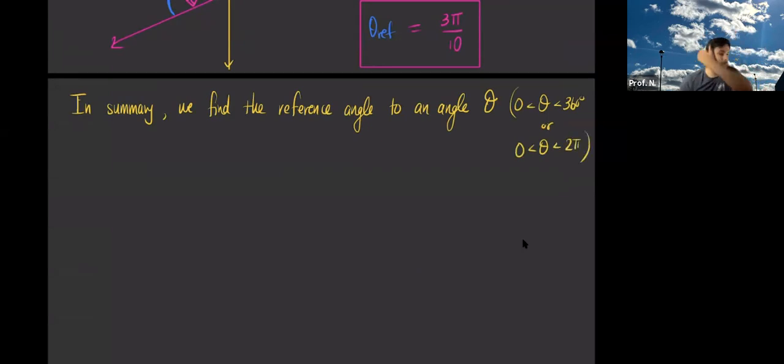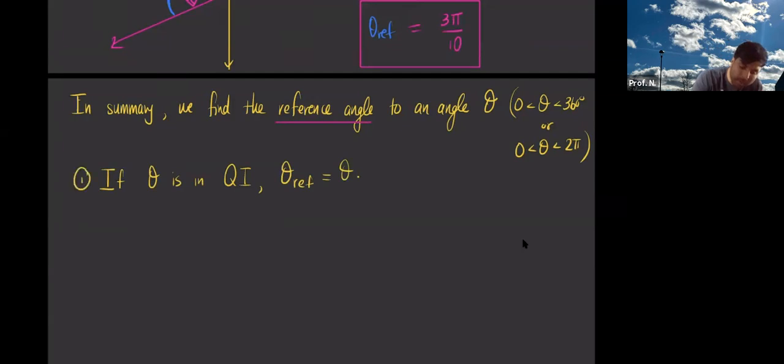So make believe our theta, whatever it is, is between 0 and 360, and I want to find the reference angle to that theta. So if theta is in quadrant 1, then the reference angle equals theta. That's the first thing.